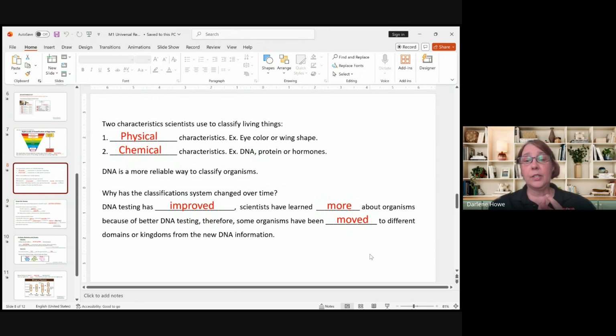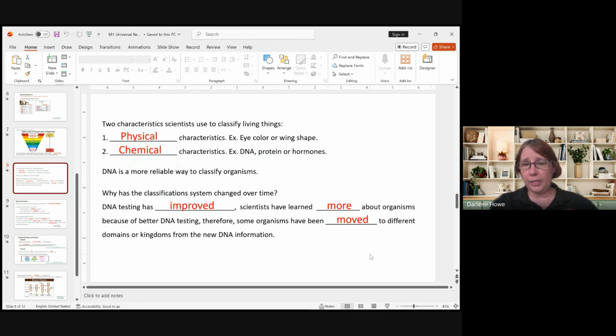So eye color, wing shape, if it's got webbed feet, if it can fly, if it's got a long neck, if it's got a tail. A lot of them are visual, but not always. Some of them are if it's got a backbone, if it's got a special nerve running down that backbone, things like that.